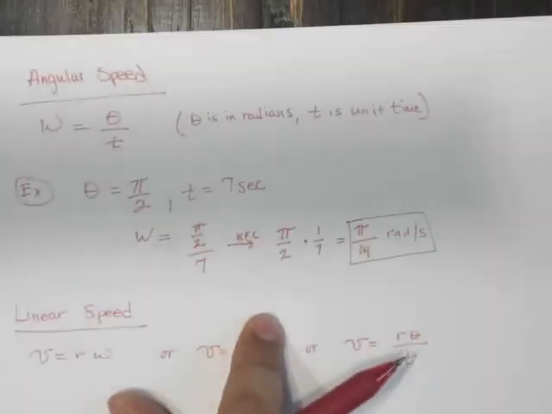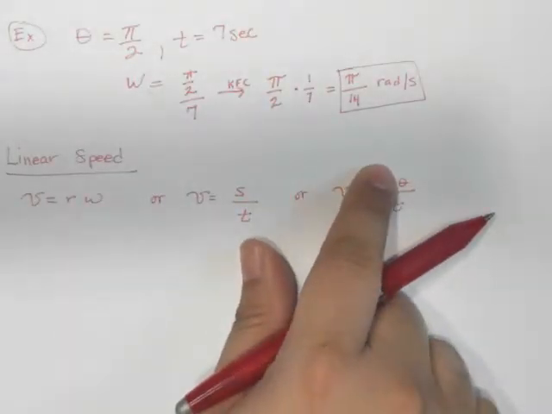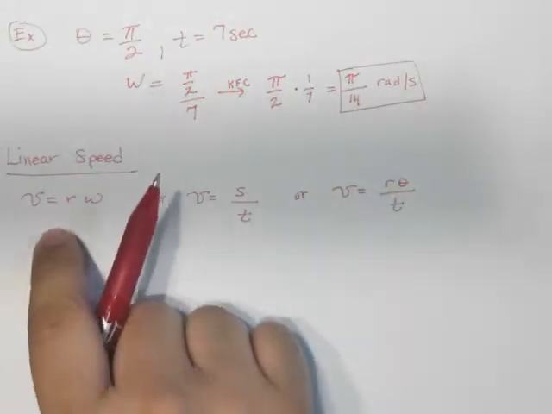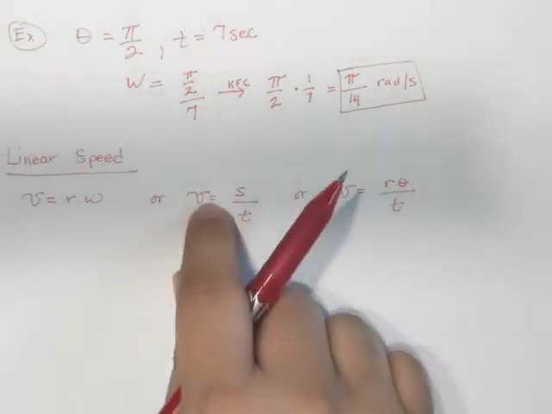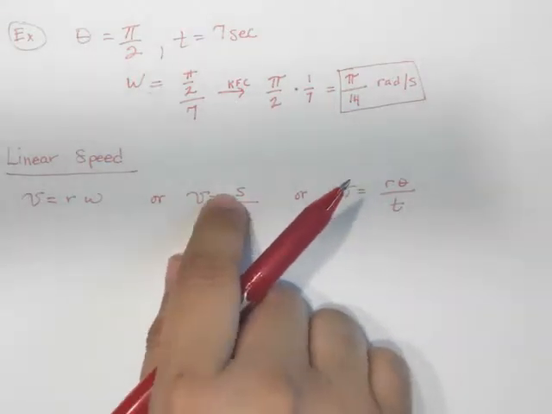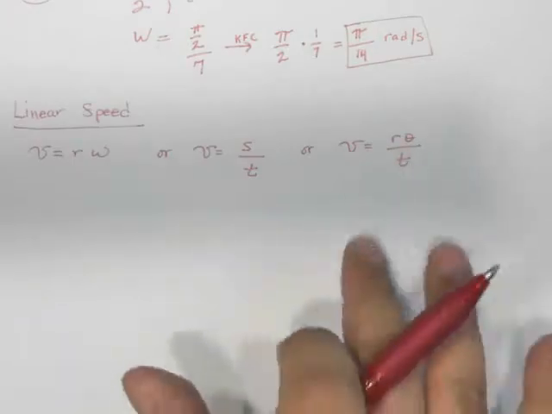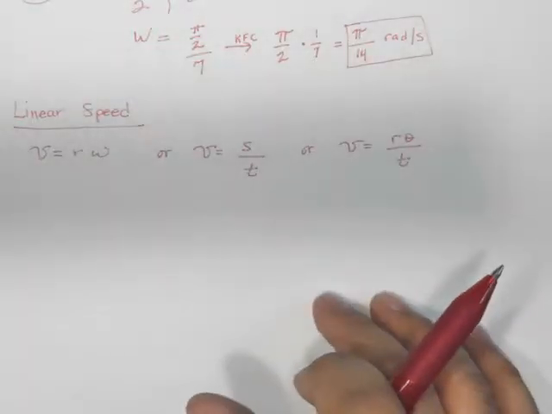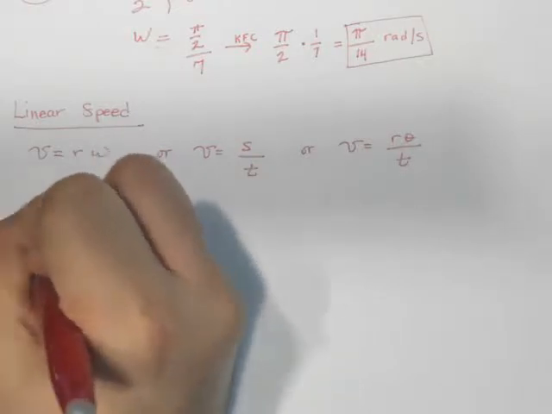So we found out over here omega was theta over time. Well, theta over time is omega, and since we're multiplying r times theta on the top, that is equivalent to saying the arc length divided by time. So just keep in mind the relation between all of these right here. Let's take a look at an example.